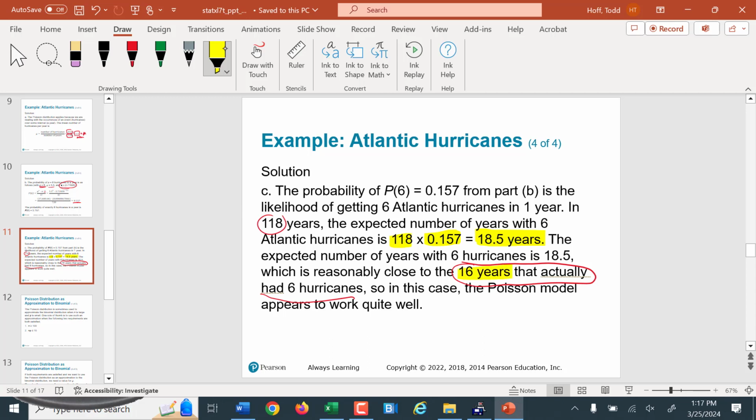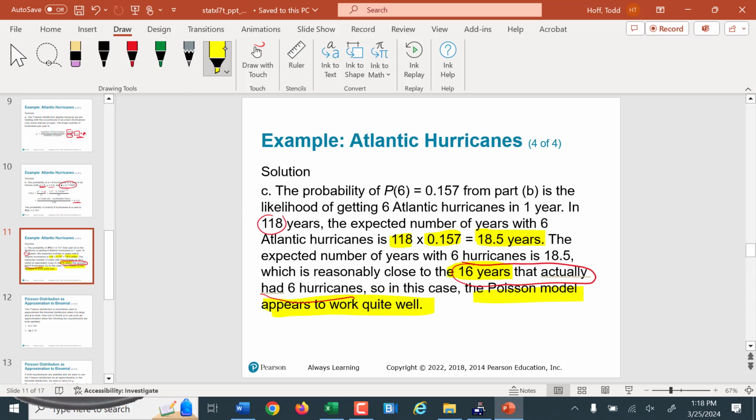Now, 18.5 years and 16 years are pretty darn close. We're only off by 2.5 there. So getting an observed value of 16 and a calculated value of 18.5 years is pretty close. That's telling us that the Poisson model was actually a pretty good model for this.